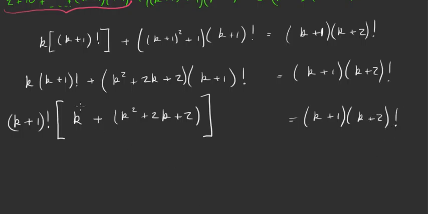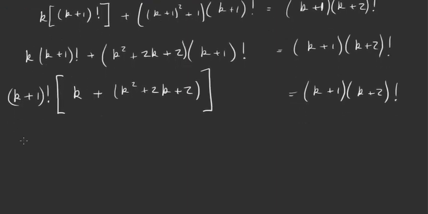Okay, so now all I've done is factorize this left-hand side. I've taken (k plus 1) factorial out of these two terms here. Now, let's continue on with this and see where it leads us. We have k plus 1 here, and here we end up with k squared plus, we have 2k here plus k, that will give us 3k plus 2 is equal to this. I won't keep writing this down, but you get the idea.